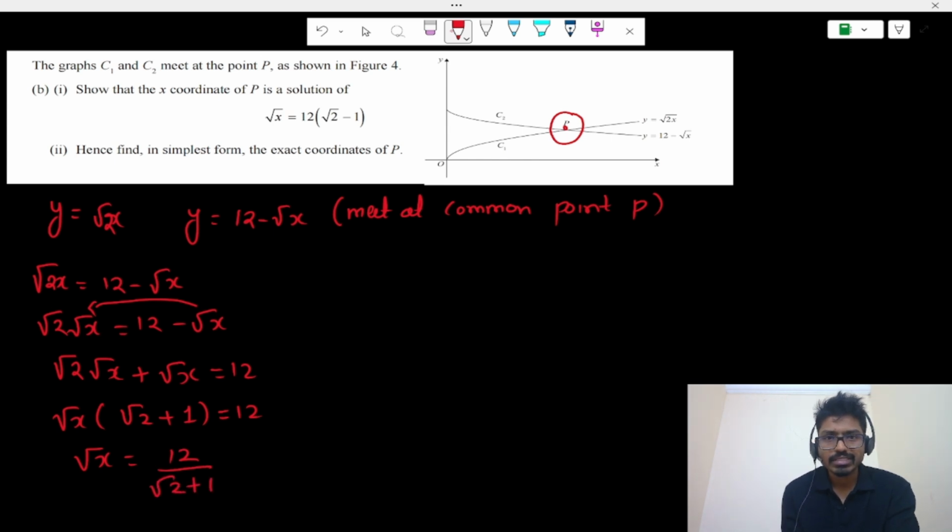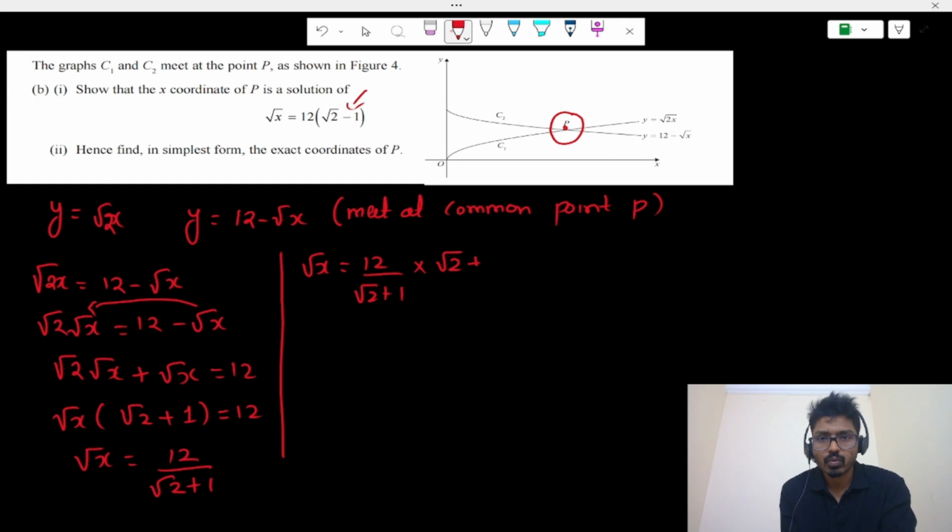But this isn't our answer, so we need to rationalize this. Root x is equivalent to 12 upon root 2 plus 1, multiplied with the rationalization factor, root 2 minus 1 over root 2 minus 1.